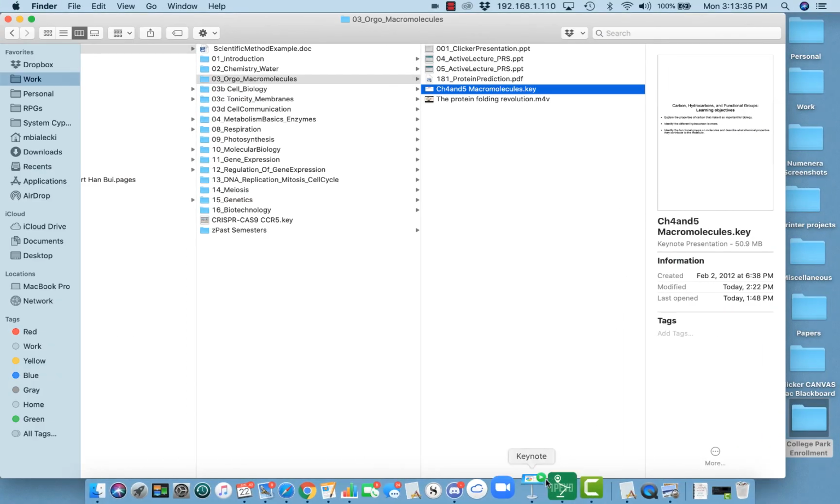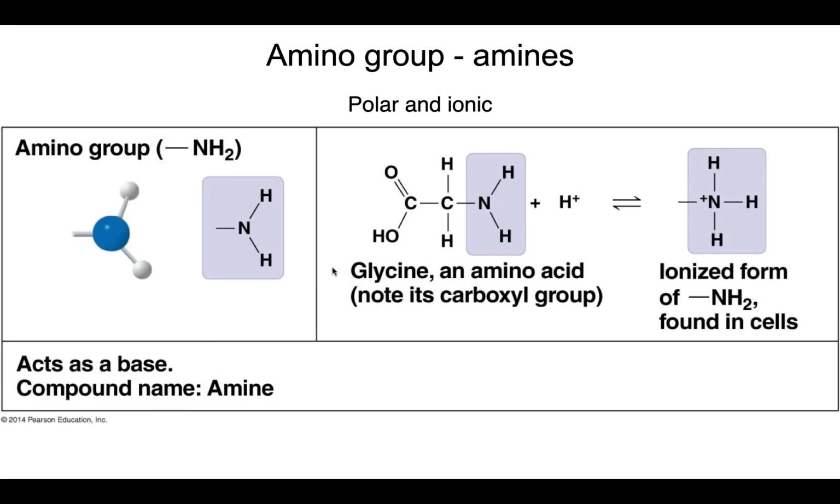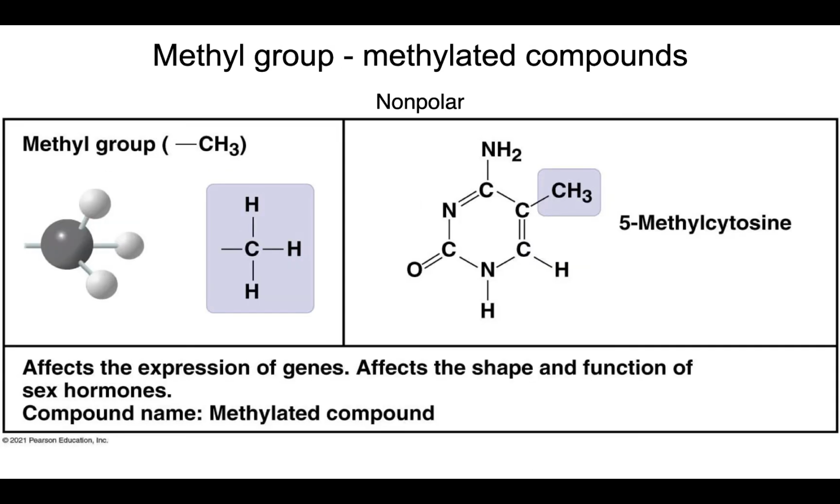All right, let us finish off with the last one. And that is, this is the most different of all of the ones. This is a methyl group, and what we're doing is we're essentially adding another CH3 unit to that hydrocarbon. And CH3, carbons and hydrogens, are equal electronegativity.